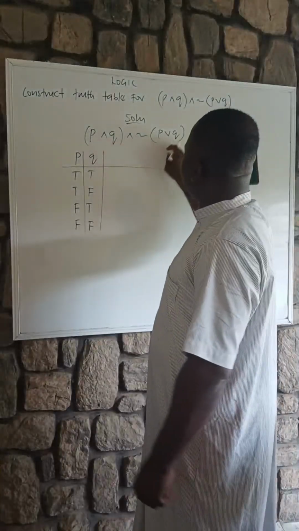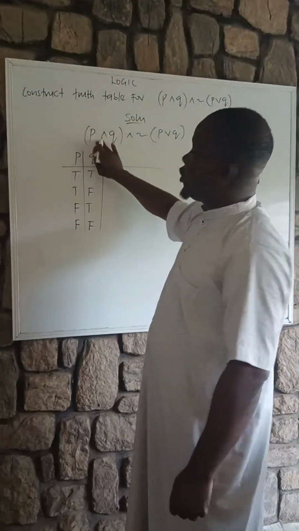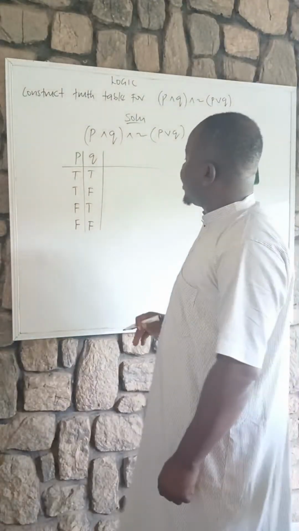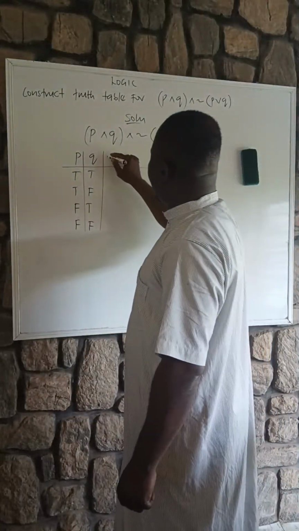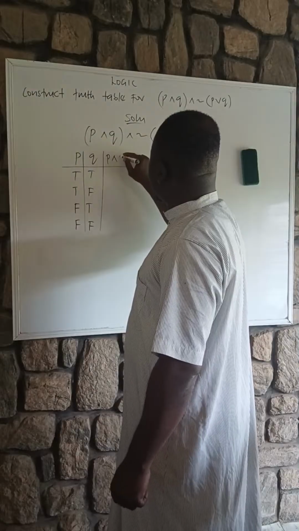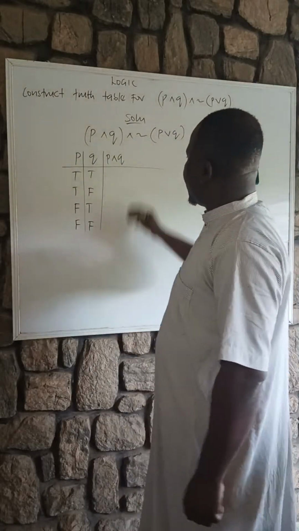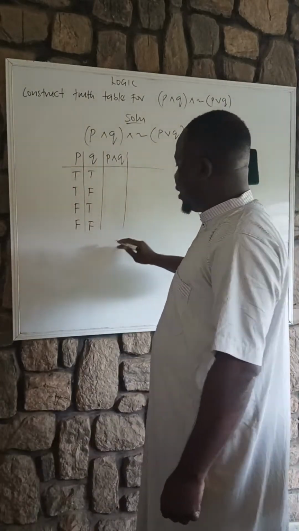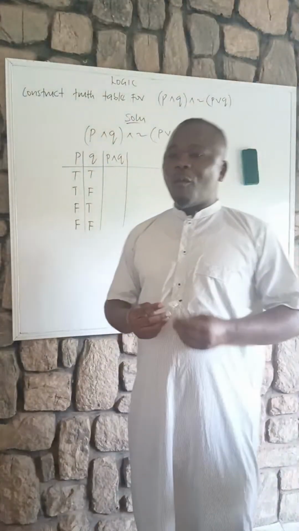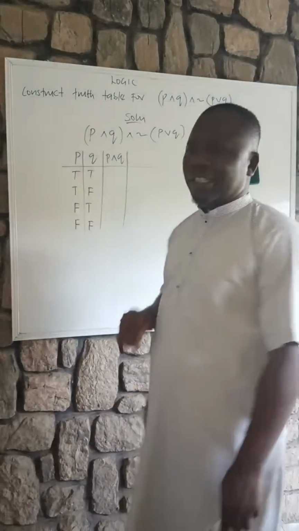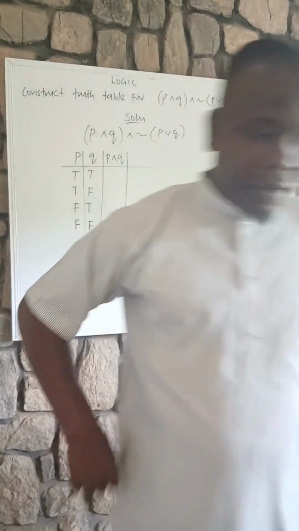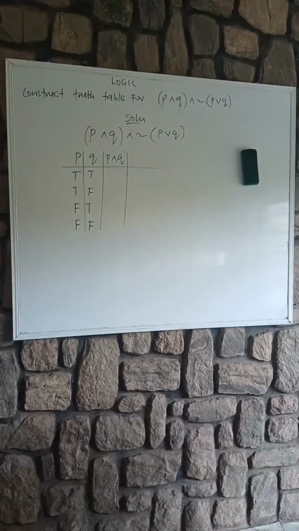This one or this one? Okay. I should go for this, right? So here we are going to have P conjunction Q. Amen? Amen. So this is where the problem is. Look at the board very well. Please, if you have any question, ask.